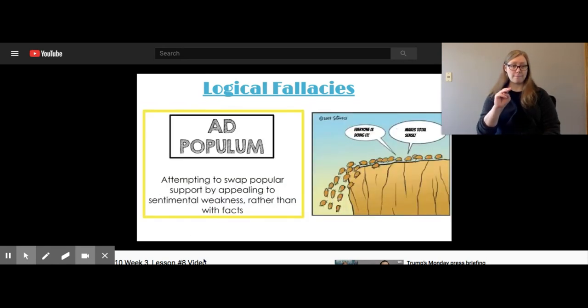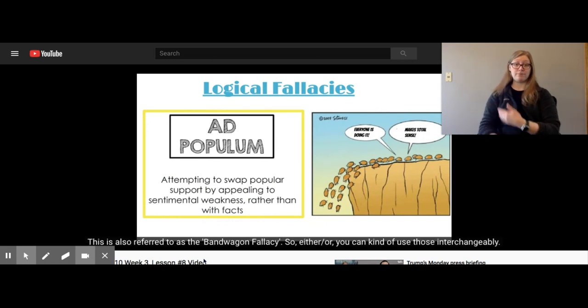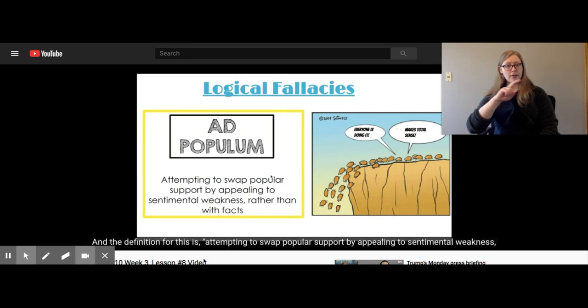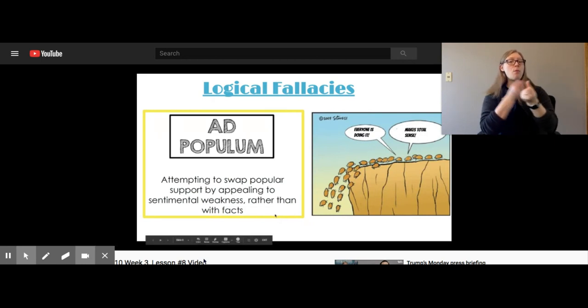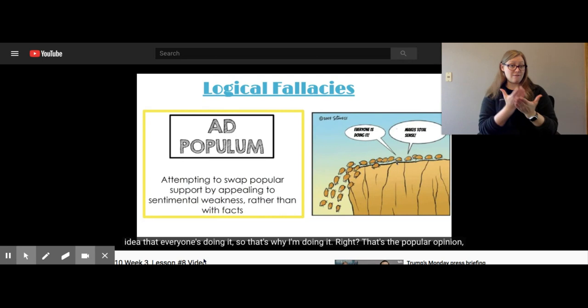Moving on. Next is ad populum. This is also referred to as the bandwagon fallacy, so you can use those interchangeably. The definition for this is attempting to sway popular support by appealing to sentimental weakness rather than with facts. It's that common idea that everyone's doing it, so that's why I'm doing it.